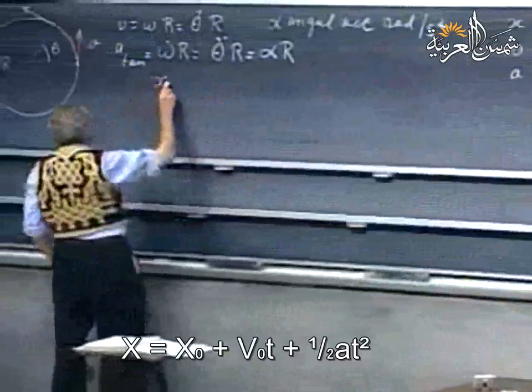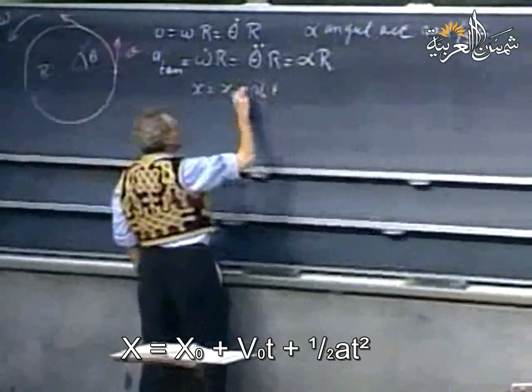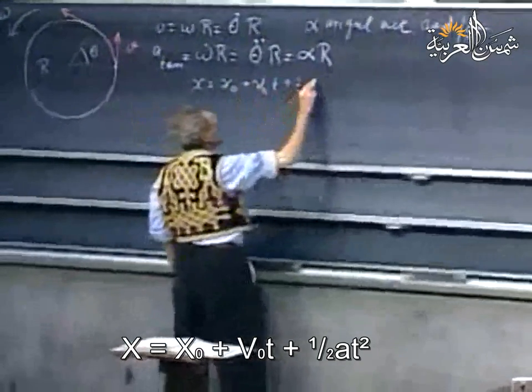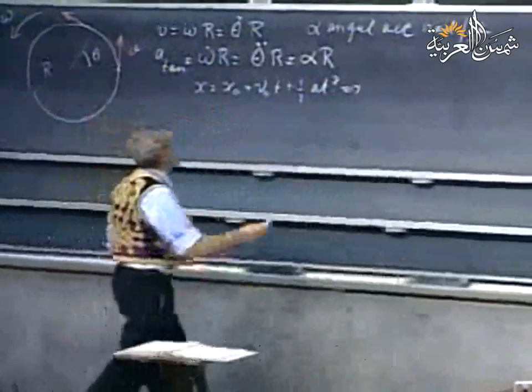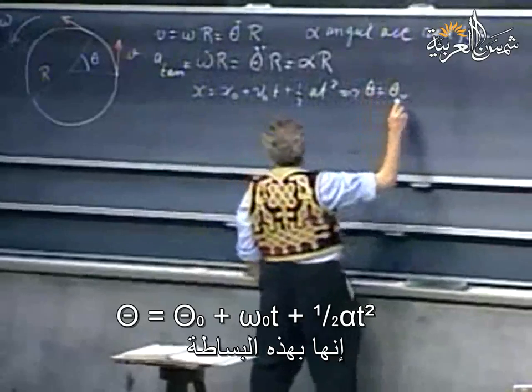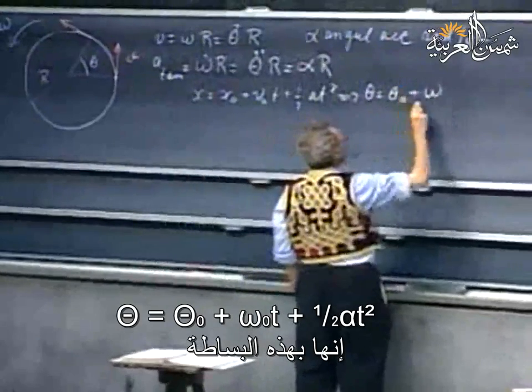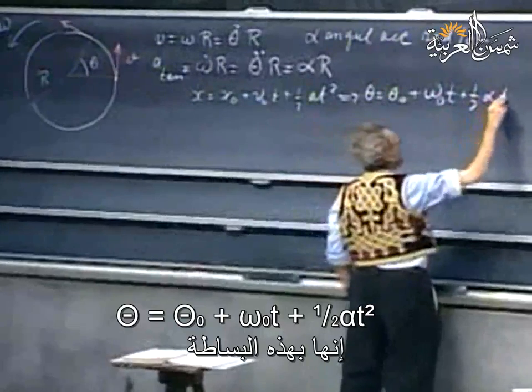For instance, the equation x equals x0 plus v0 t plus 1/2 at squared simply becomes, for circular motion, theta equals theta 0 plus omega 0 t plus 1/2 alpha t squared.